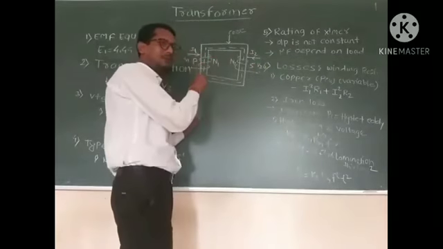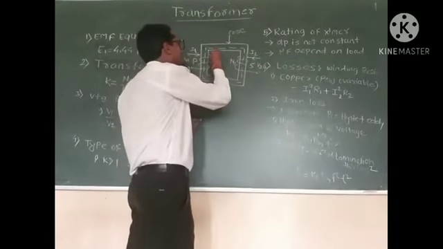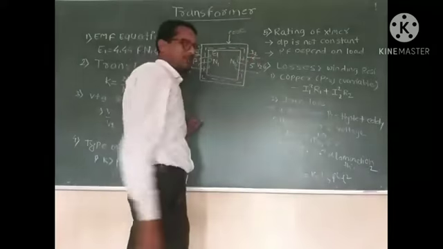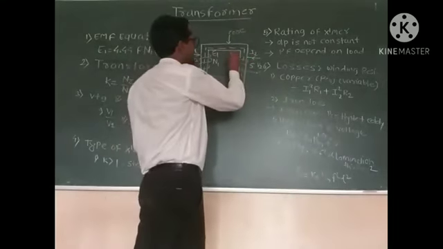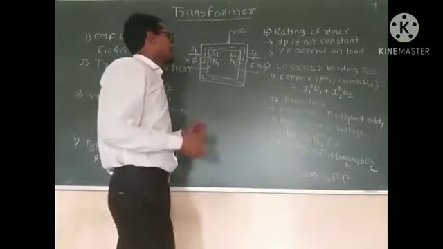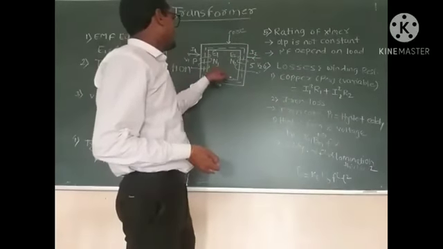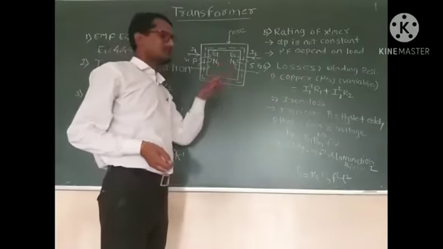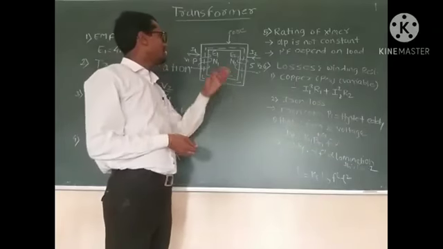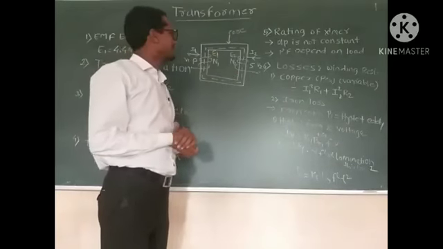The EMF induced by the primary winding is E1. The EMF induced by the secondary winding is E2. These are the basic names of the various points, and the full forms of this nomenclature.